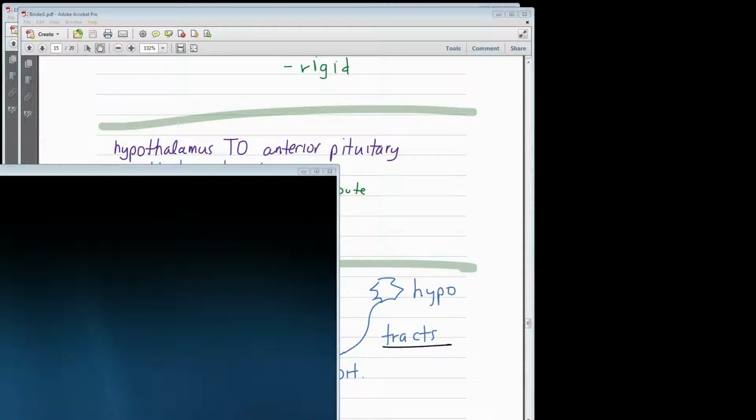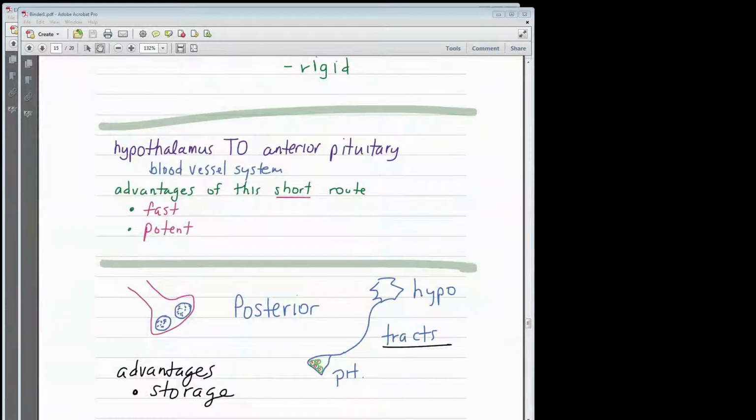There are certain characteristics of the posterior pituitary that occur with the fact that it's being transported through a duct from the hypothalamus. This basically has a few advantages.